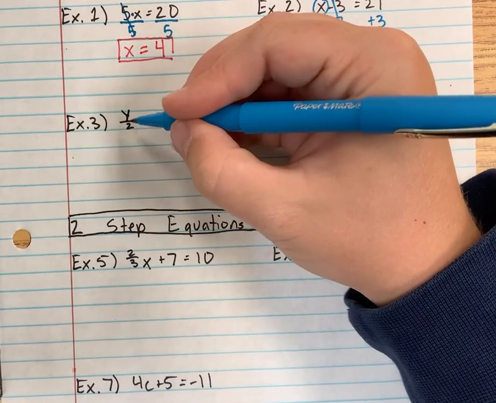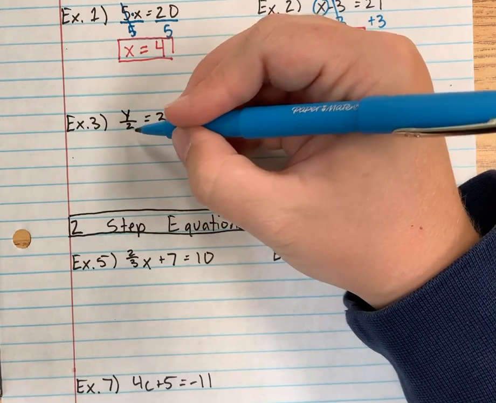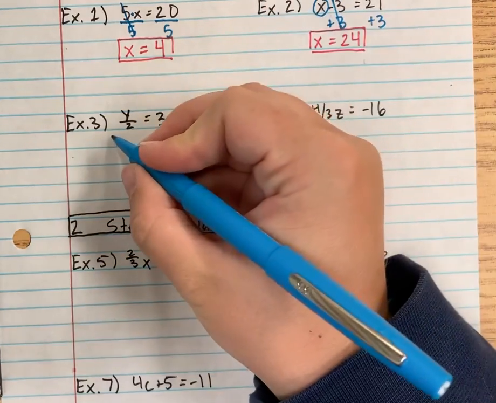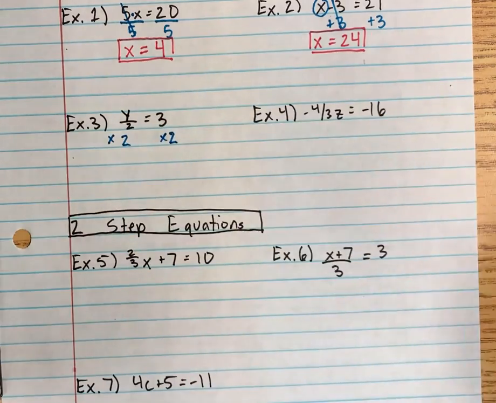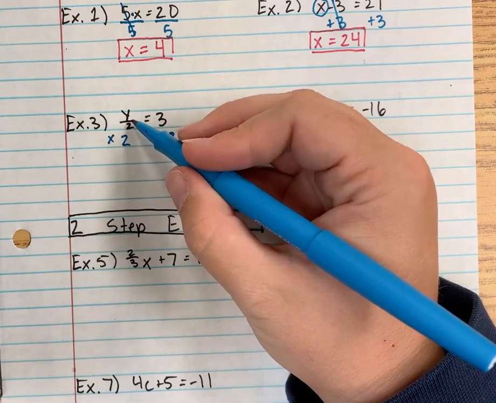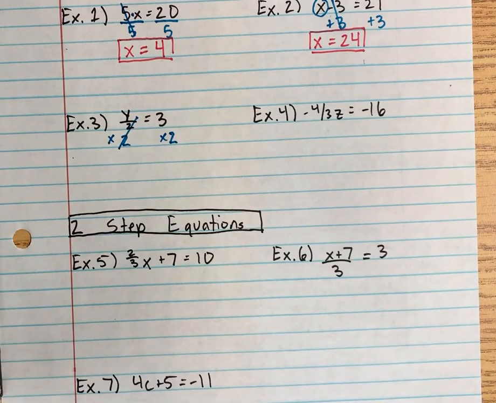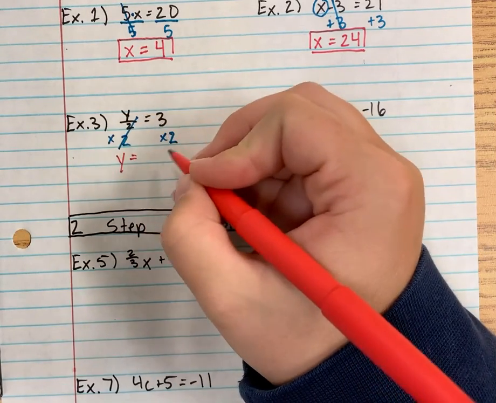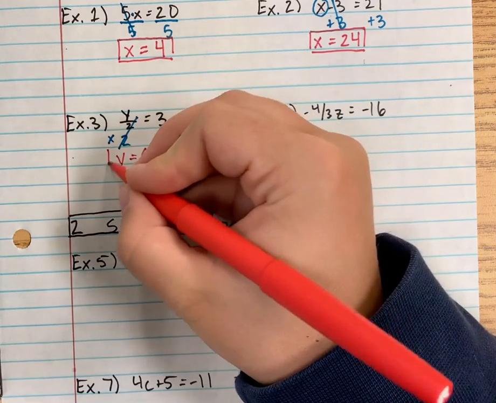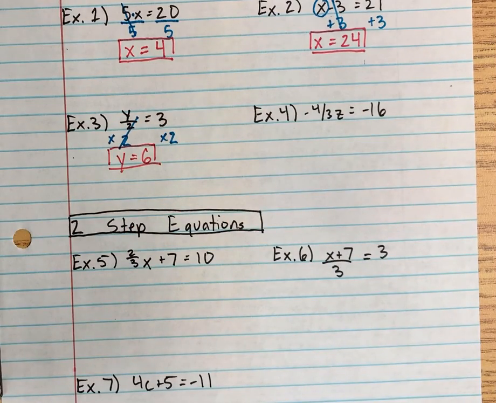So we have y over 2 equals 3. For dividing by 2, we need to multiply both sides by 2. The multiplying and the dividing cancel each other out. So what you're left with is just y equals 3 times 2, which is 6. So that's your answer for number 3.